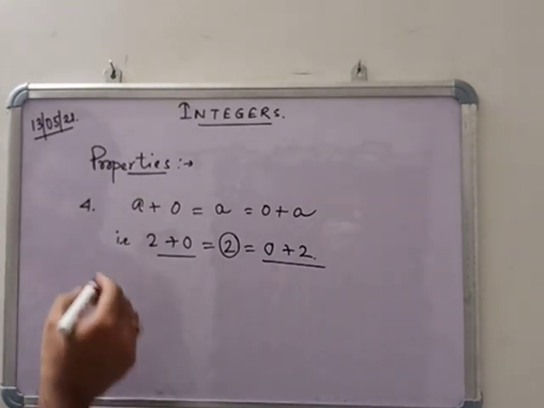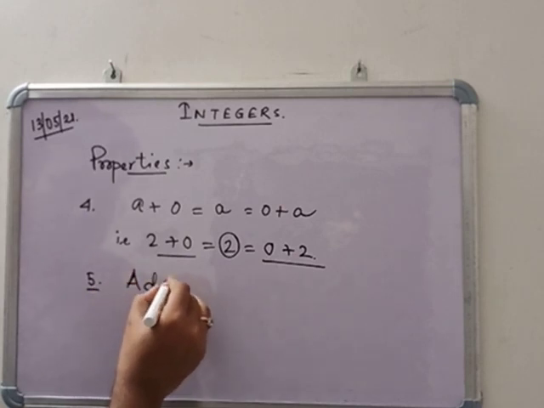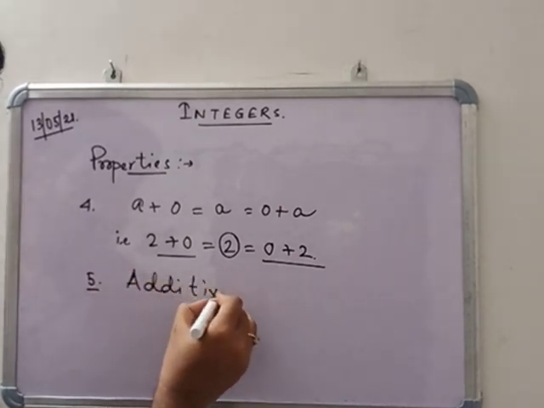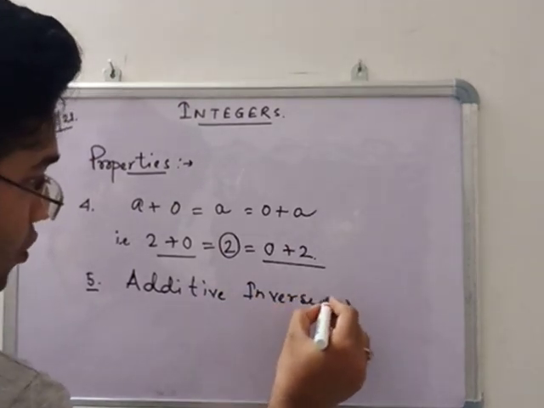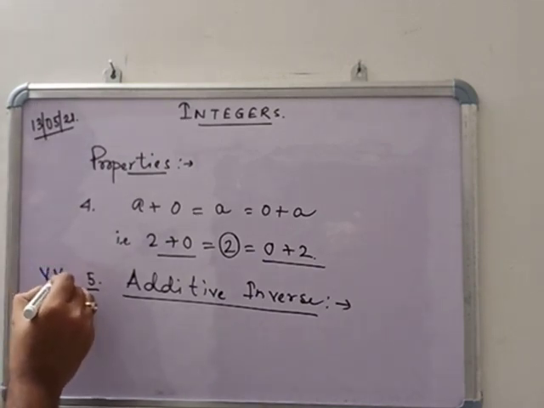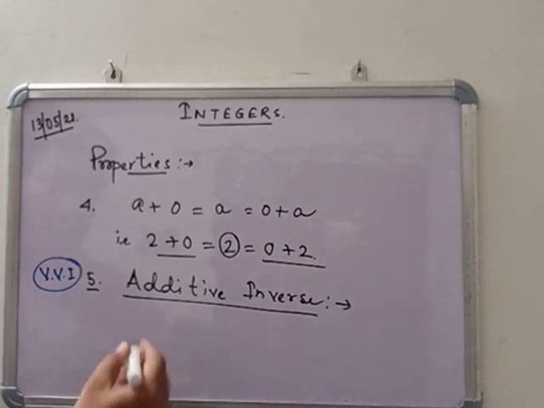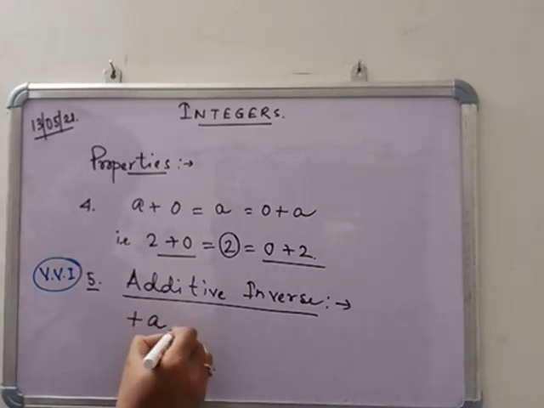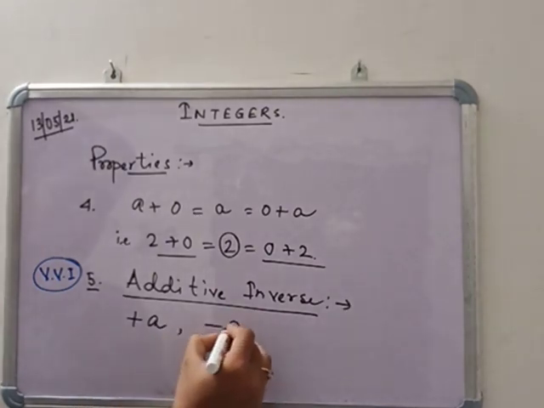And the next one is additive inverse. This is an important property. So what is additive inverse? It's a very important property, see it properly. For every integer plus a, there exists an integer minus a.